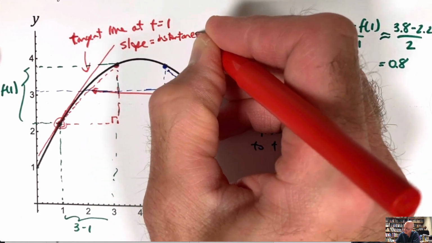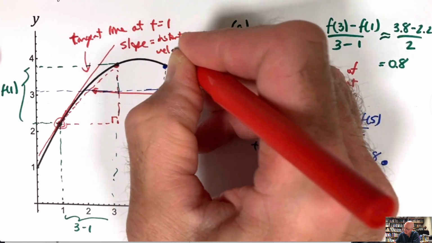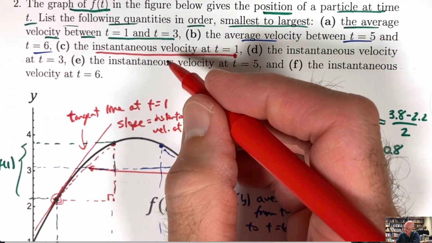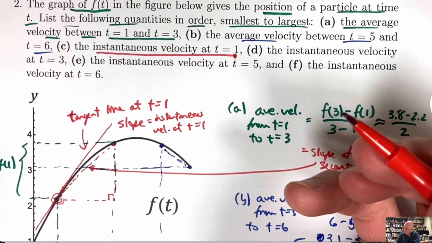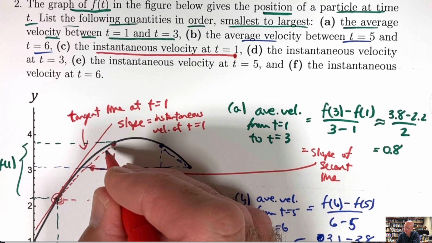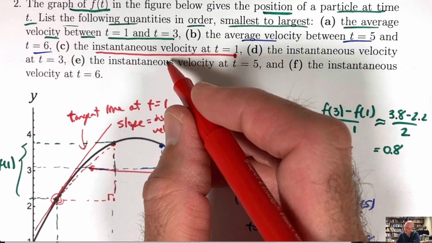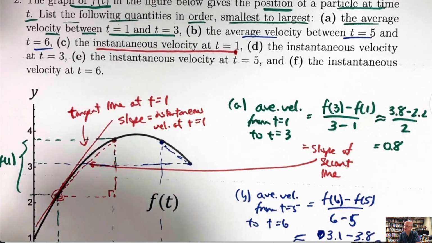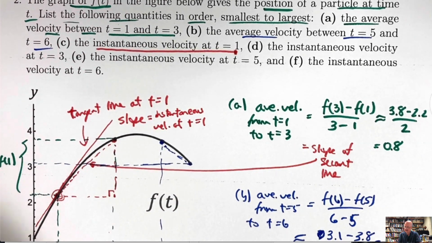Instantaneous velocity at t equals 1. It is the number that we are talking about for part C. It is positive. Notice it's bigger than the slope of the secant line. Okay, so C is a bigger positive number than A. That's going to help us as we put these numbers in order.